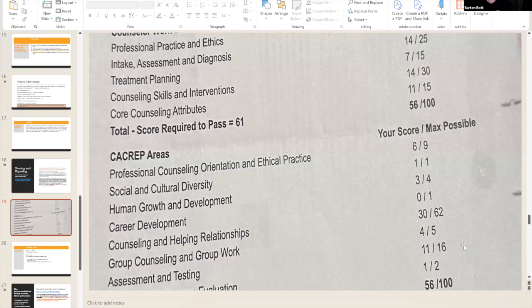But again, keep in mind that these are the domains those questions fell into, although they are covering all of these various knowledge requirements, such as professional counseling, human growth and development, career, counseling and helping relationships, group counseling, and assessment and testing. Okay, and a total again of 100 questions.